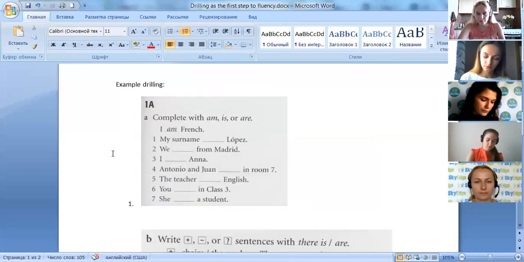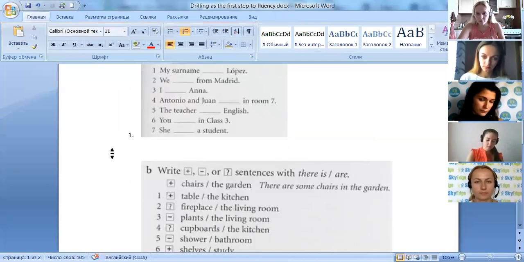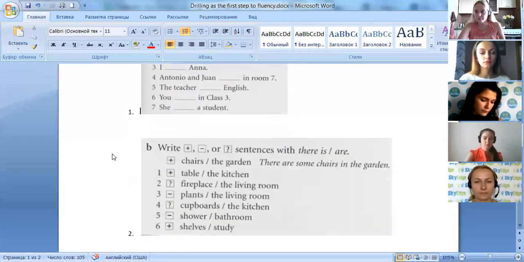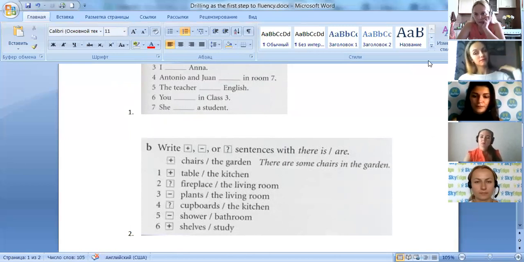Next, there is, there are. Slightly different. I think I can't use the chat together with screen demonstration, right? Yeah. Why not?